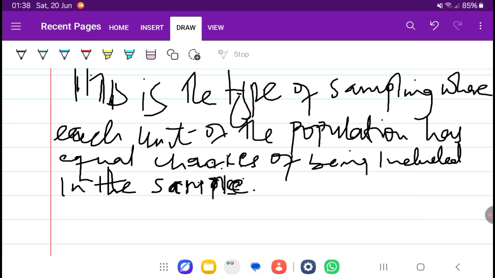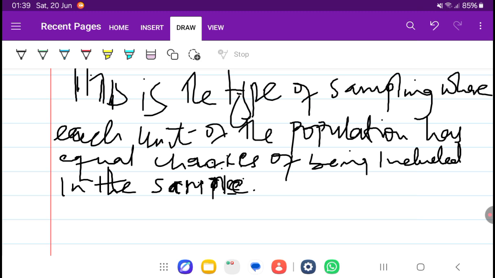But the bottom line of all the sampling techniques that fall under the probability sampling techniques is that all of them are going to give each item of the population equal chances of being selected. What is going to be changing for each of these methods is how they select the items from the population. But the bottom line is that each of the members of the population will be given equal chances to be selected. I hope you are getting the whole idea.